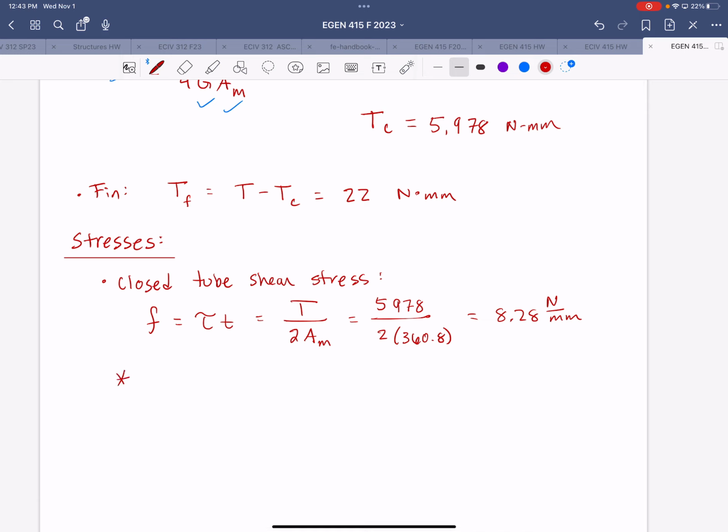So where will the maximum shear stress in the closed tube portion occur? I'm looking for more specifically, which segments will it occur in? The thinner ones, right? Yeah, it'll be in the thinner segments.